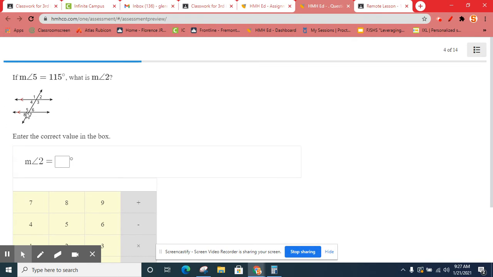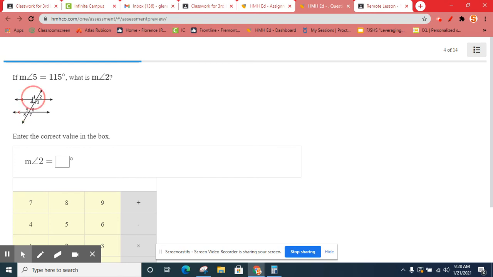Angle 5 is 115 degrees. What is angle 2? Over here, we notice this one is obtuse, this one is acute. They don't necessarily have a relationship, but I can tell that angle 5 and angle 1 are corresponding, or equal the same thing.